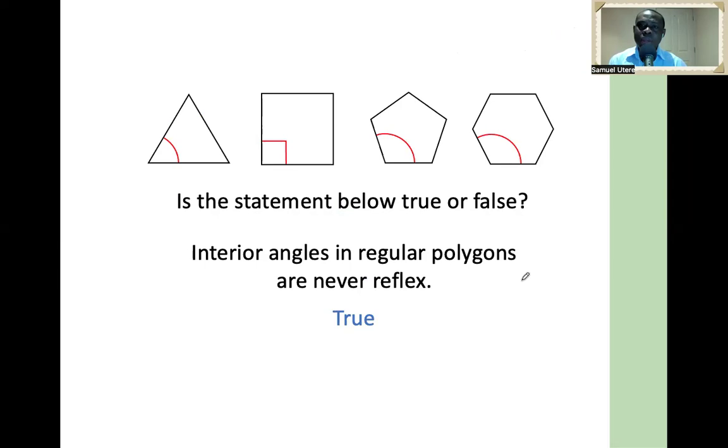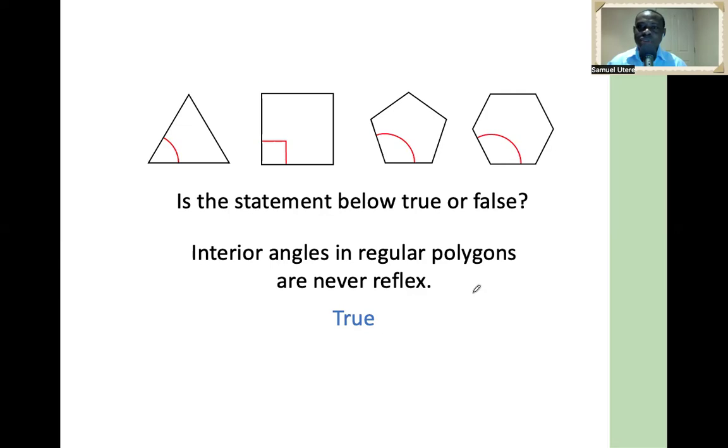I mean, think about it. If you want to draw regular polygons and you think you're going to have to make the interior angles reflex, have you really thought about what the polygon would look like? The polygons would look very strange.